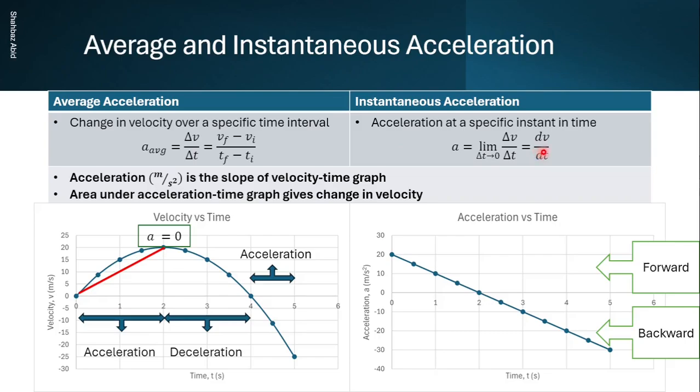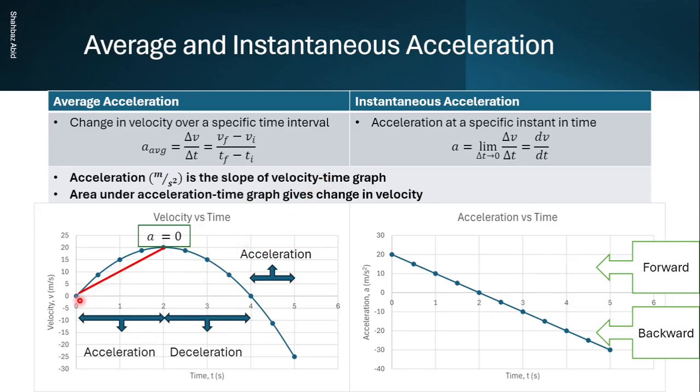So it's going to be the derivative of velocity as a function of time, and we are going to take its derivative with respect to time. Let us see this non-linear velocity versus time graph and see how the variation is there with respect to the acceleration.